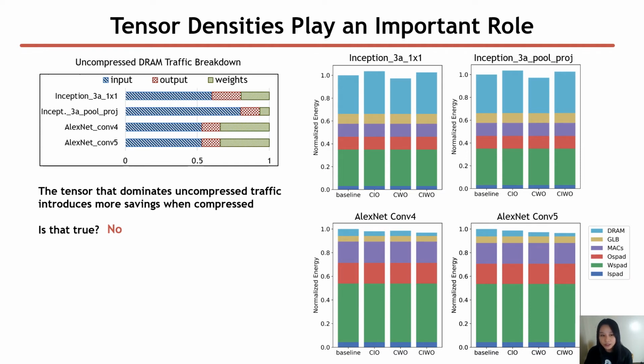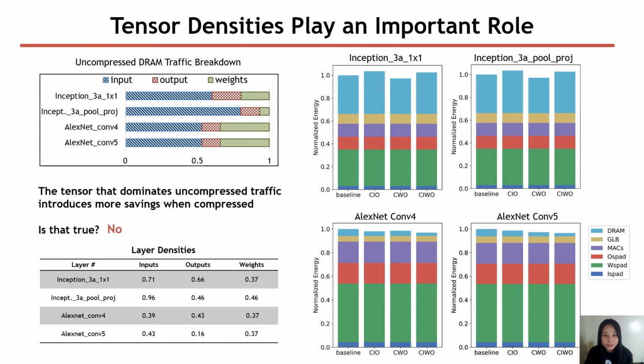So it's not true that we want to compress the tensor that dominates uncompressed DRAM traffic, and this can be shown for inception 3A 1 by 1 as well as for convolutional layer 5 for AlexNet as well. So for all of these 3 layers, compressing the dominant input tensor does not give us better performance. The reason, as you probably can imagine, is that the density of these tensors matters as well, and plays an important role here.